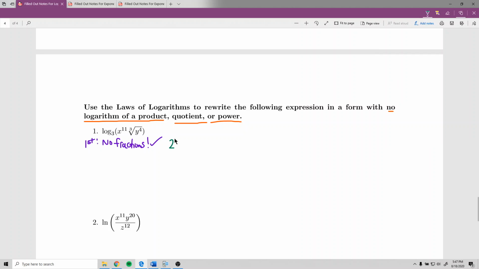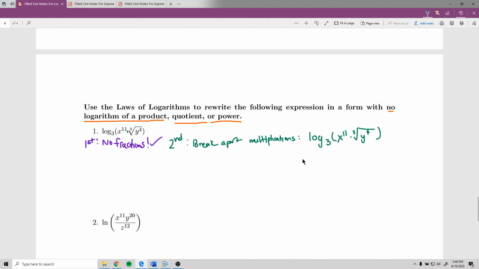The second step is to break apart any multiplications. And we do have a multiplication here. We have x to the 11th times the cube root of y to the 4th power. What I'm going to do is just rewrite this.